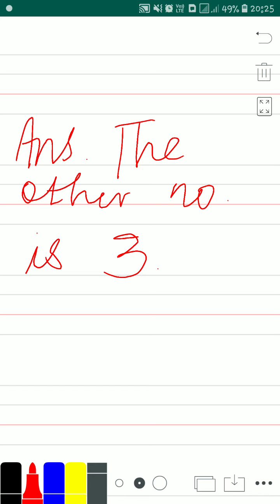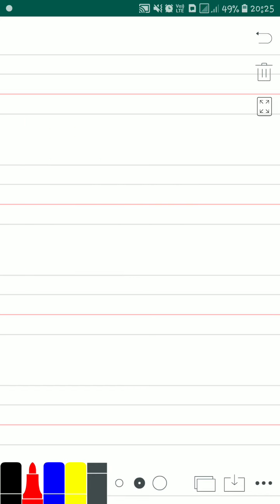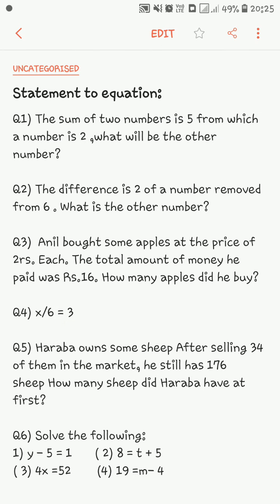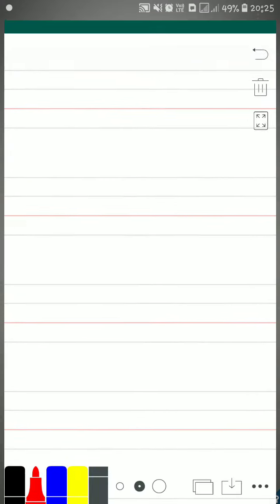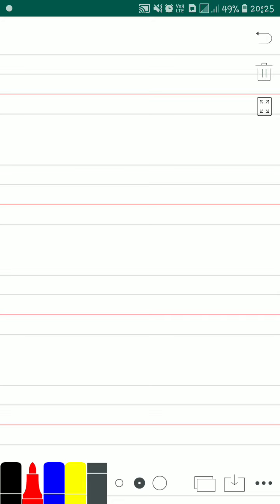Okay, so now let's move on to the next question. Question 2 says the difference is 2 of a number removed from 6. Okay, what we get is 2 of a number removed from 6.